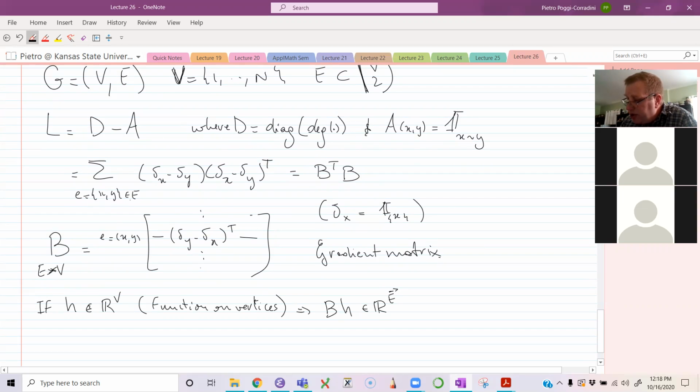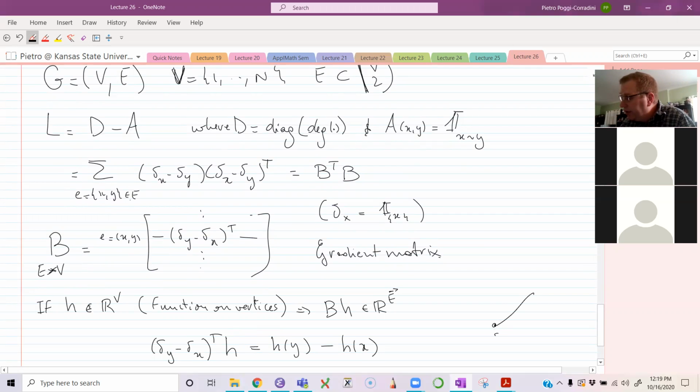And for every edge, you multiply. So what happens when you do (delta y minus delta x) transpose H? Well, you just get H of y minus H of x. Now you take the difference of the function at the nodes.